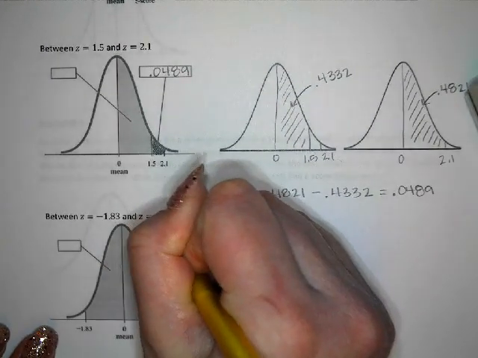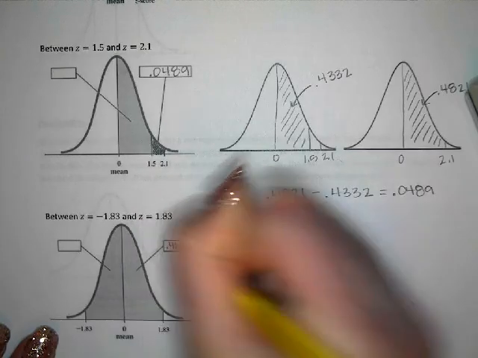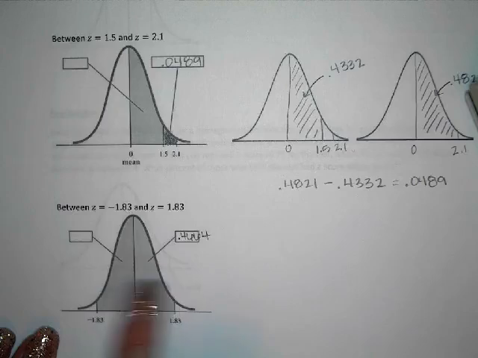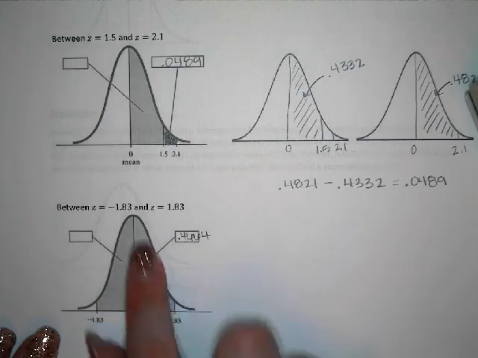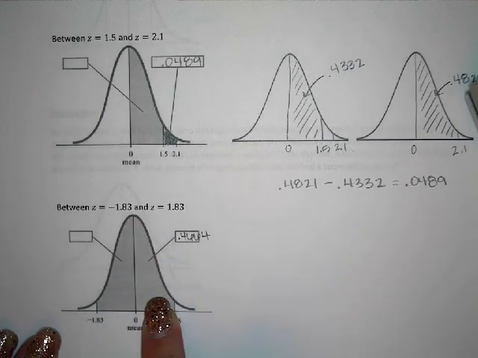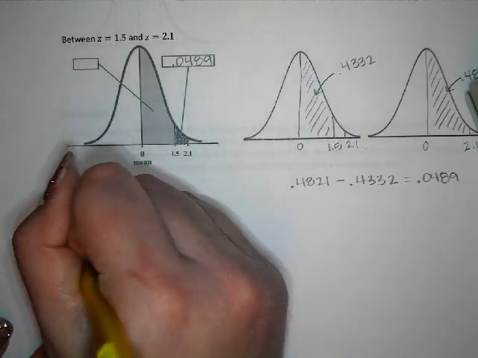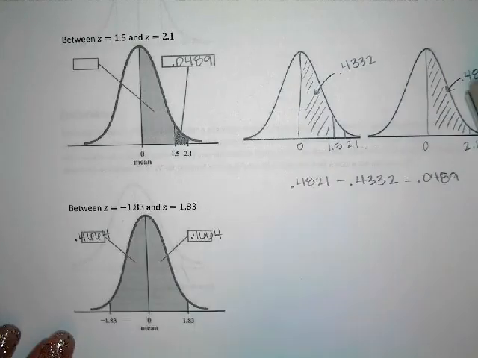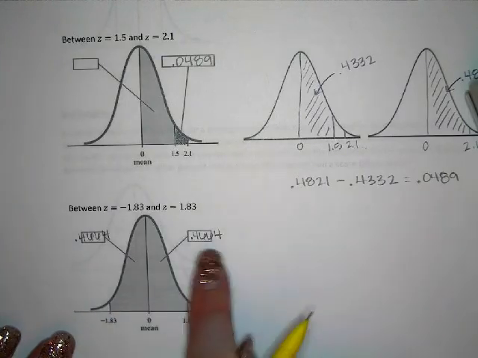And then since these are symmetric, that means that if this value is 0.4664, then this one is as well, 0.4664. So to find the area under the curve between negative 1.83 and positive 1.83, I just need to take these two areas and add them together.